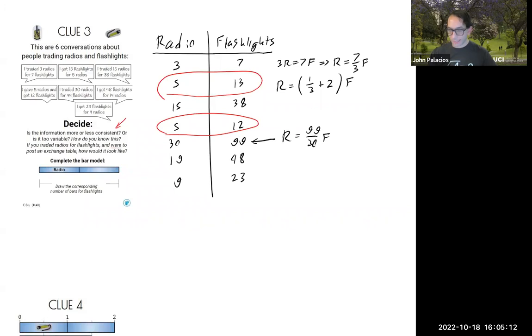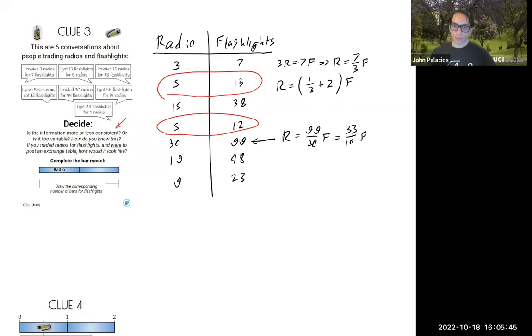Or simplifying, you can talk to your students about, well, okay, I see a factor of 3 in 30. 30 is 3 times 10. And I see a factor of 3 in 99 because 3 times 33 is equal to 99. So we can simplify this fraction to be 33/10 of the price of a flashlight. Again, it's easier to see this in terms of a simpler fraction.